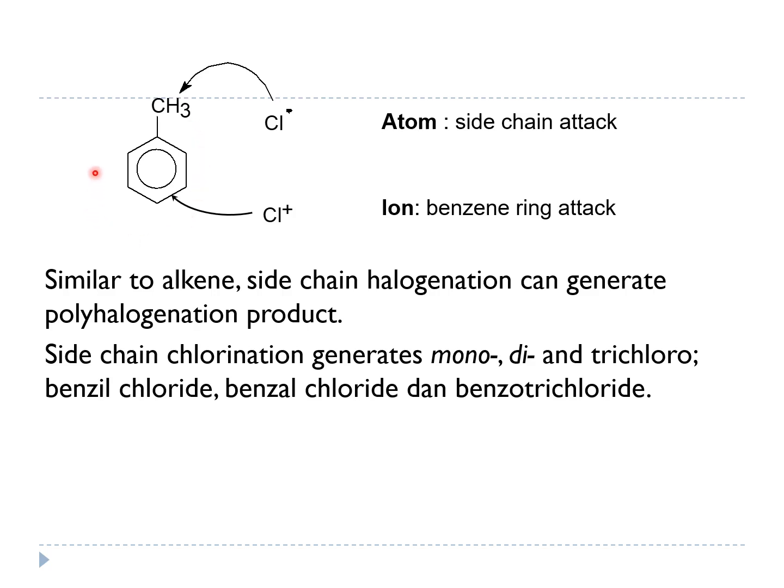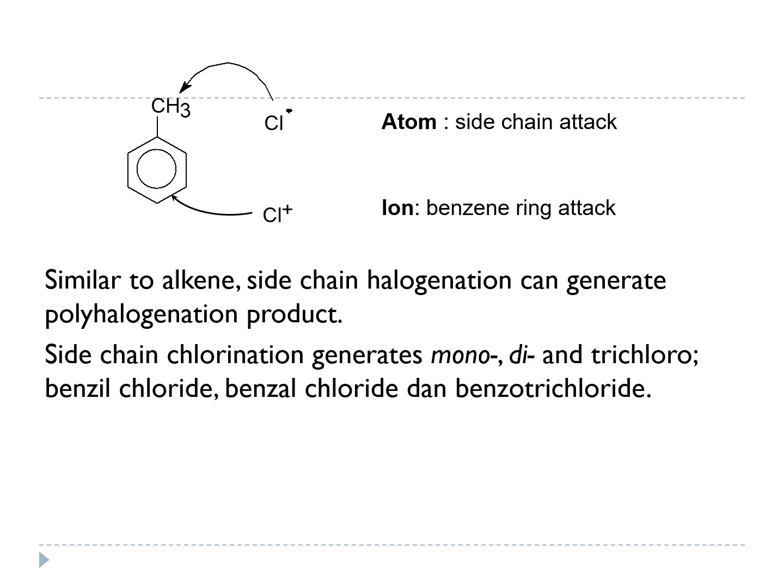But when the reaction is with ultraviolet or with heat, then the reaction is in the side chains. So side chain substitution happens with ultraviolet or heat, but in the benzene ring it happens with a catalyst of aluminum chloride or ferric chloride.